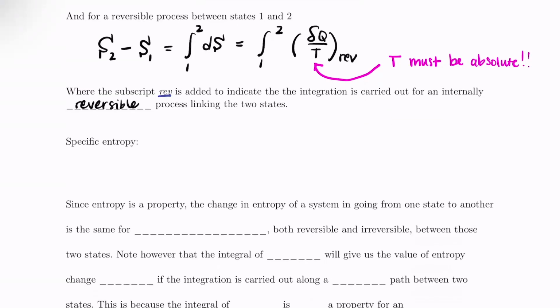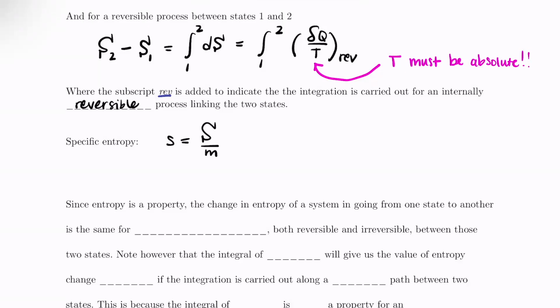Okay, so we've talked about the specific version of pretty much every property in this class, so we're going to talk about specific entropy as well. Specific entropy, we're going to use the lowercase s symbol. So that's how I'm going to write a lowercase s. And it is just the total entropy divided by mass, how we always define specific properties.